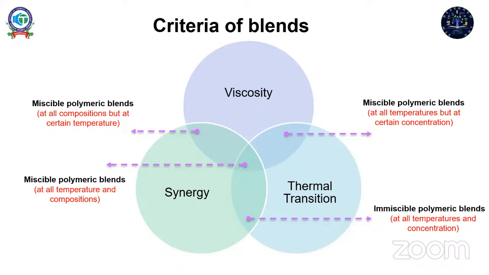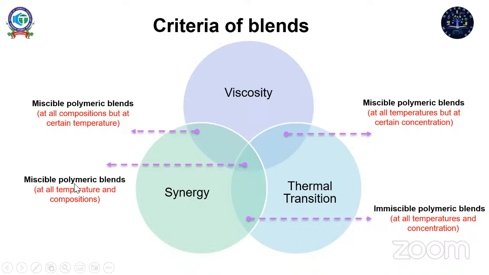only. But as you increase or decrease the concentration of either polymer, your blend will move towards immiscibility. Then you have this thermal transition and synergy, where you will find immiscible polymeric blends. That means at all temperatures and at all concentrations, they are immiscible. Again, you have this region where you can get a viscosity synergistic effect and a thermal transition.